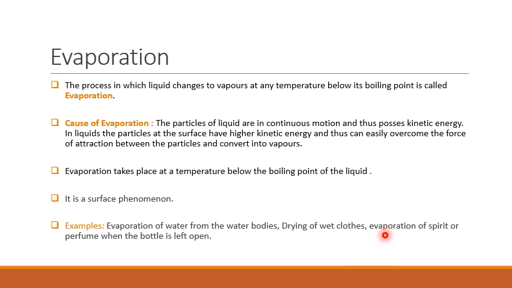Then the evaporation of spirit or perfume when the bottle is left open. You must have observed that if you keep a perfume bottle open for some time, some of the perfume will disappear from it. So this happens because of evaporation.